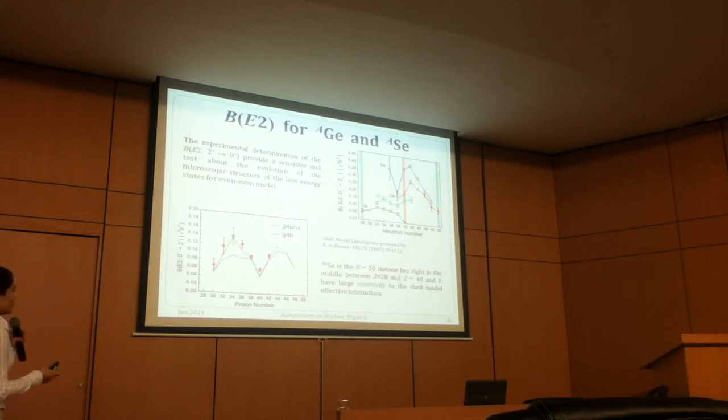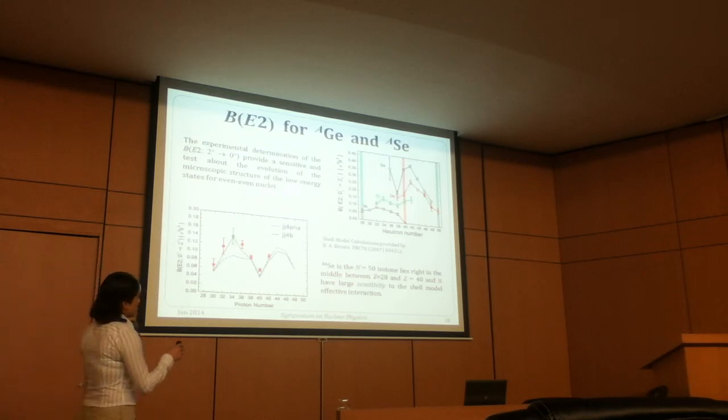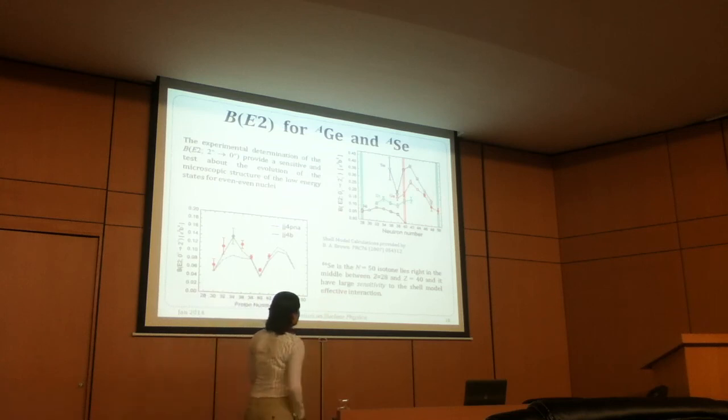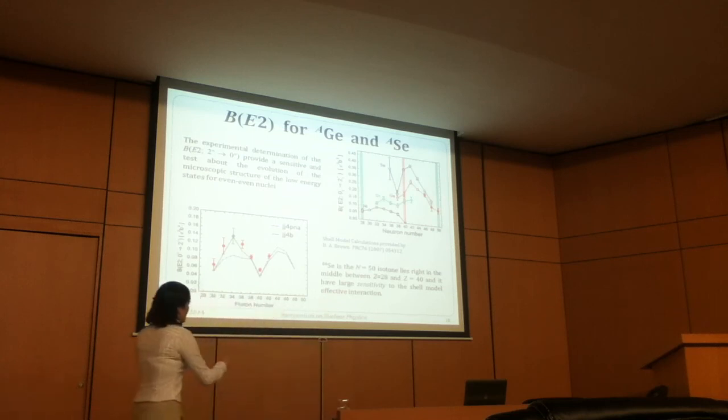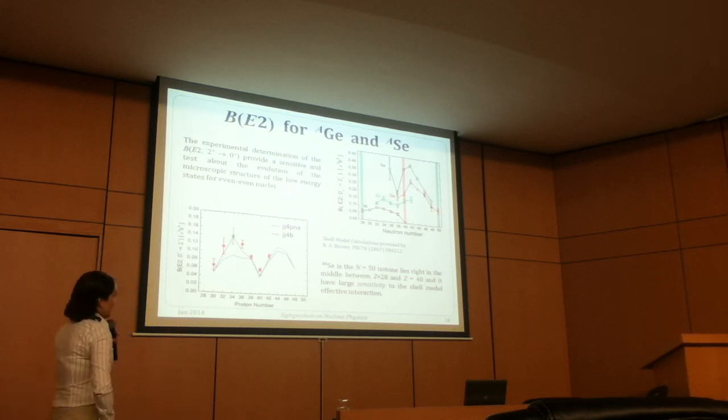Our contribution for completing the spectroscopy of the germanium and selenium isotope chains at the HRIBF was the measurement of the points in red in this graph that is shown on the right. And we basically extended the systematics to reach N=50.